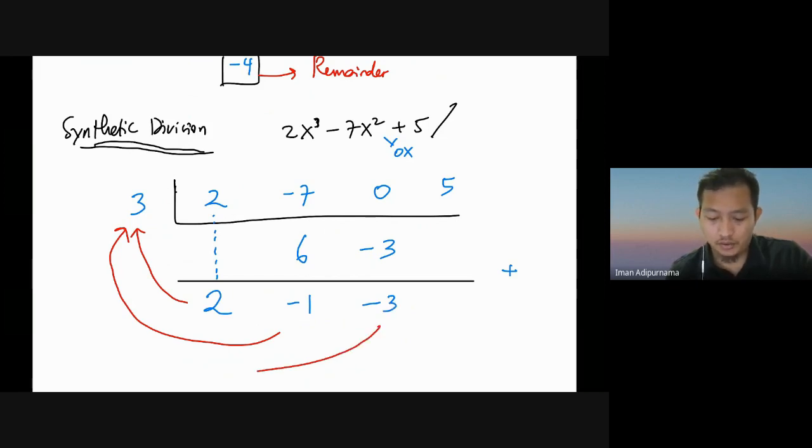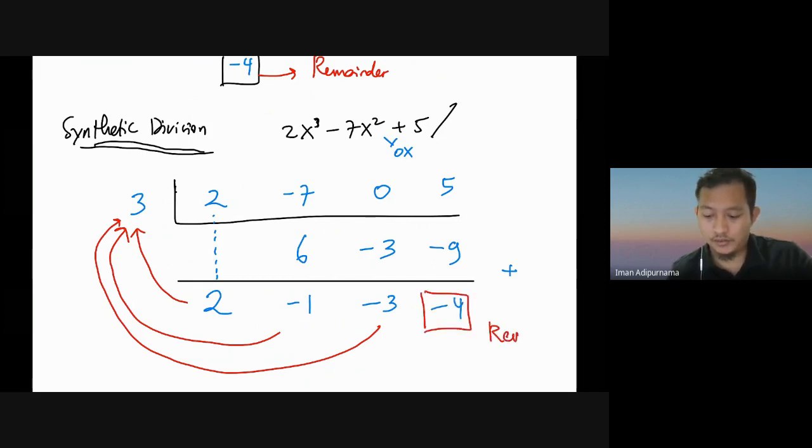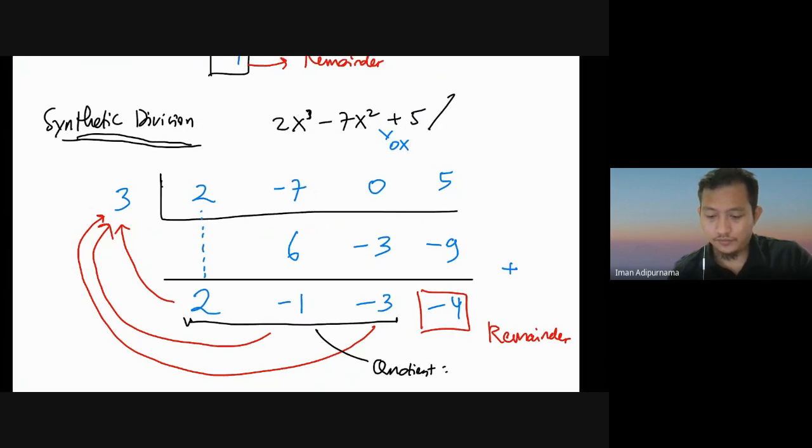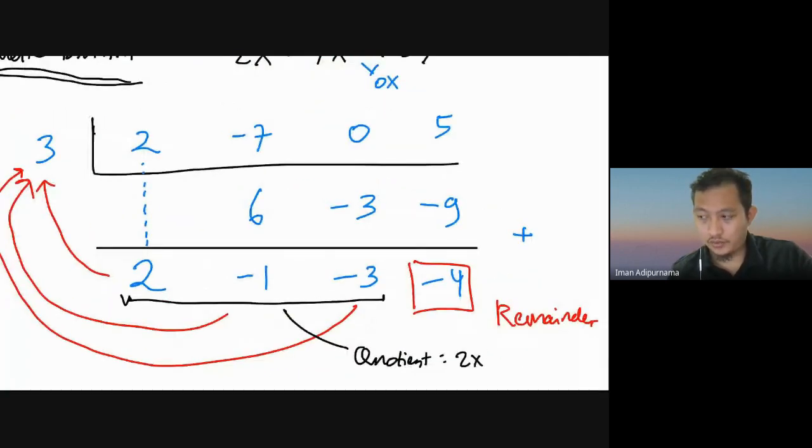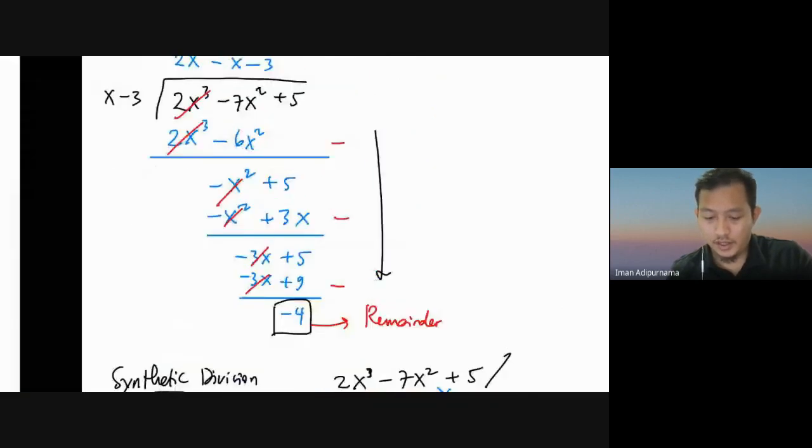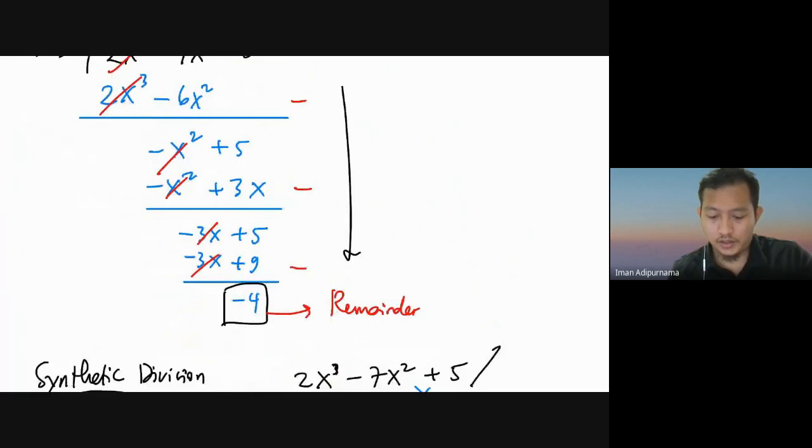And make it all the way here, and it's -9, right? And it's -4. So this is our remainder. And this will be the quotient. We can have 2x squared minus x minus 3. And it's the same as in our answer here, okay?